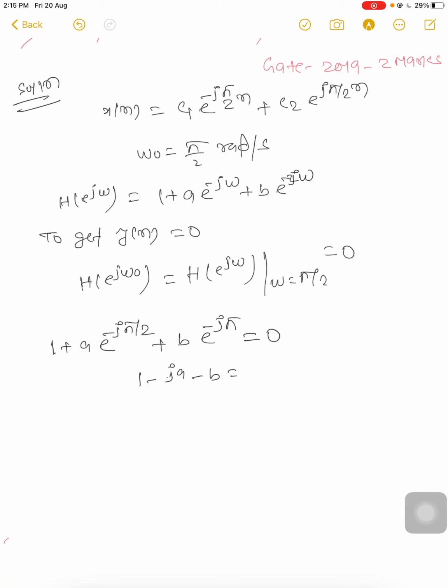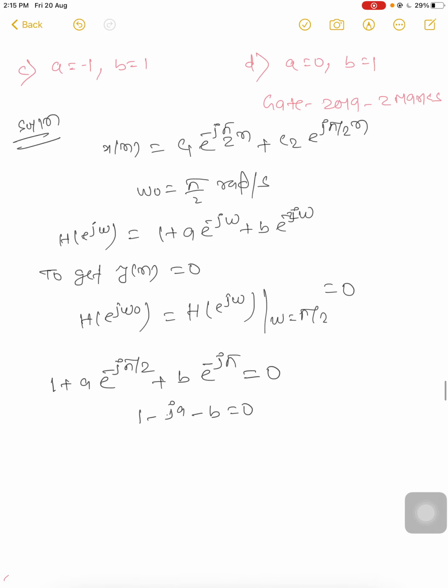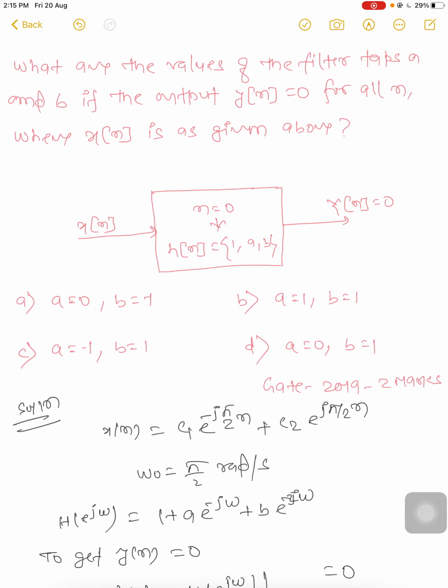So 1 - ja - b is equal to 0, and check which option satisfies the answer. So a will be 0 and b will be 1, then you will get the right answer. So option D will be the right answer.